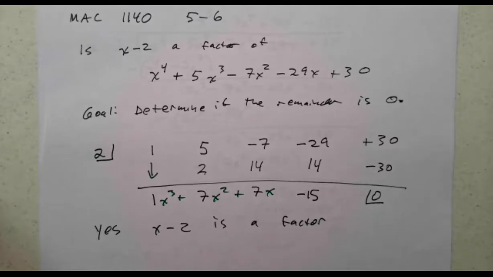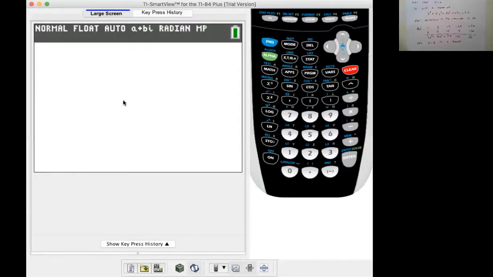But there's one other way that I could do this. I want to show you on the TI graphing calculator. So let me go ahead and pull that up for you. Here we go. I want 2 to be x.